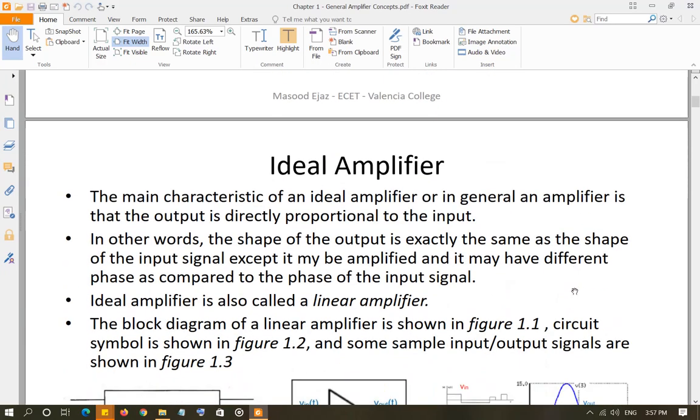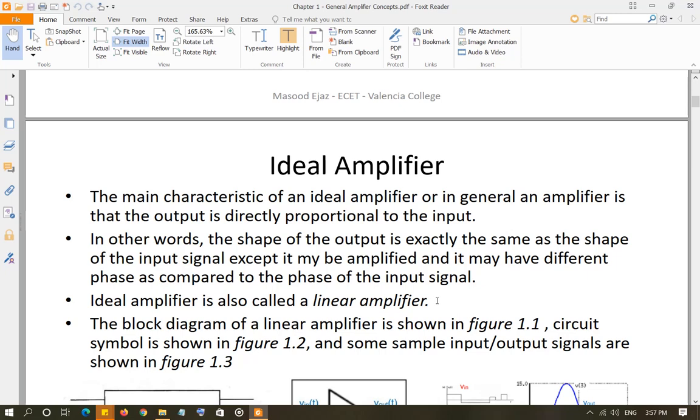So what is an ideal amplifier? In this course, we will be discussing ideal amplifiers, ideal operational amplifiers. We will also be looking at some of the limitations of the ideal operational amplifier, but you will see in chapters 3 and 4 that those limitations really don't make much of a difference to how you use the operational amplifier in the ideal mode.